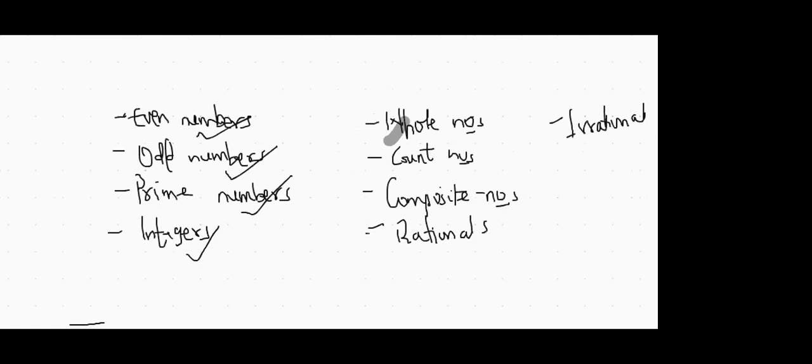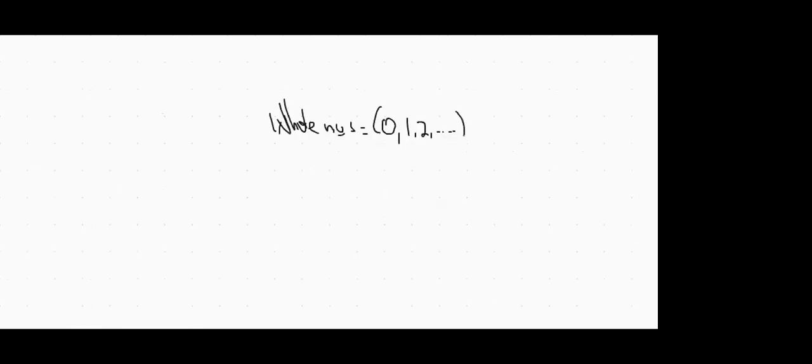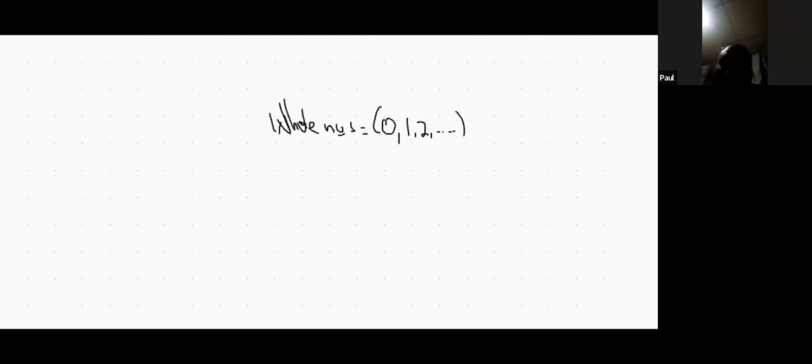So we have as well looked at whole numbers, count numbers. Next is composite numbers. So what is a composite number? Composite numbers are numbers which have more than 2 factors.